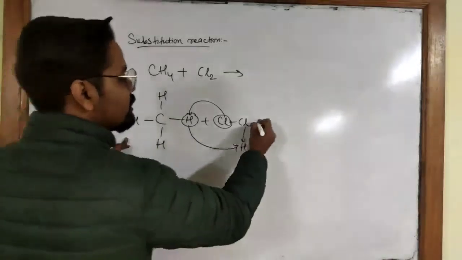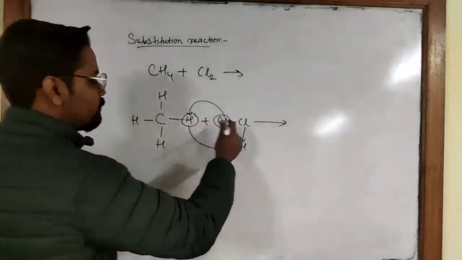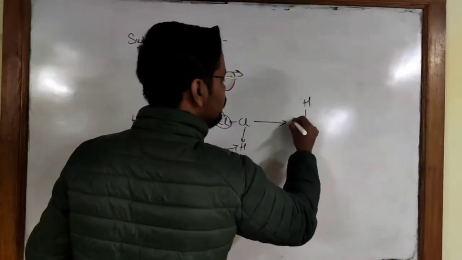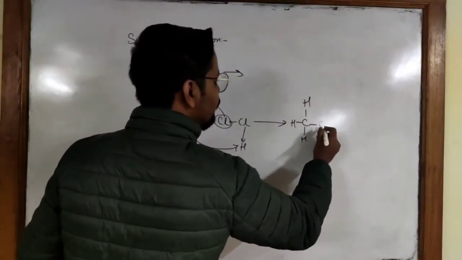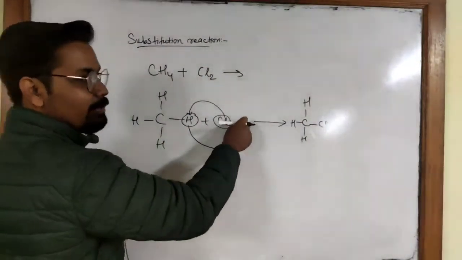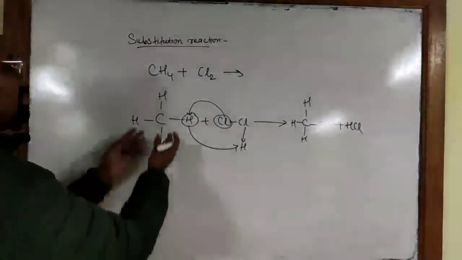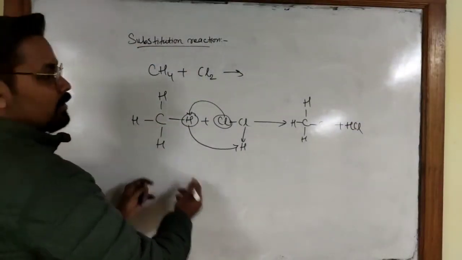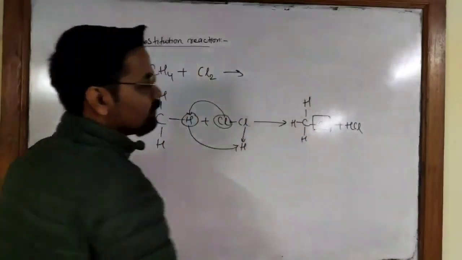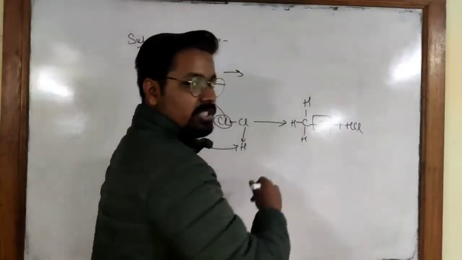So what is the outcome that we have? Since this hydrogen is removed by the chlorine, what we have here is a chlorine in place of the hydrogen, and the hydrogen will react with the remaining chlorine to form HCl. So what was this? It was a simple alkane. We have added a functional group here, the halogen functional group. Remember from the functional groups, this is the halogen functional group.